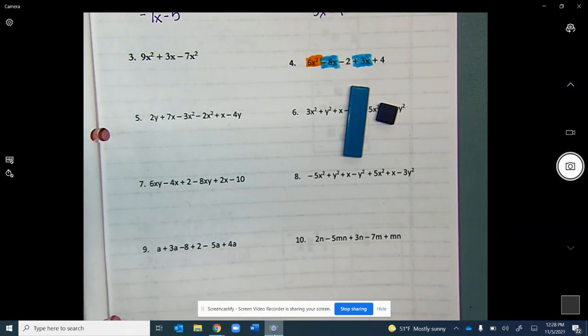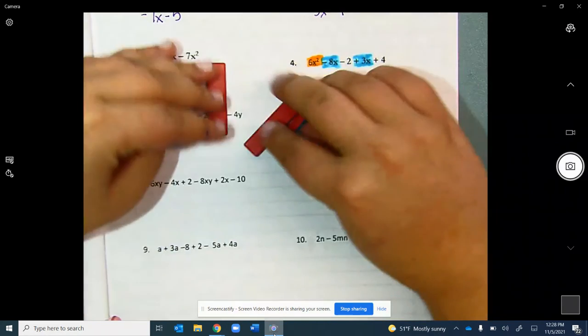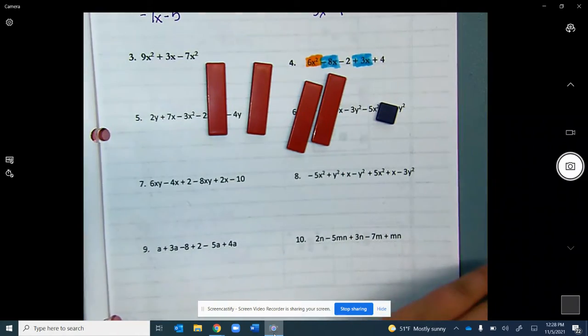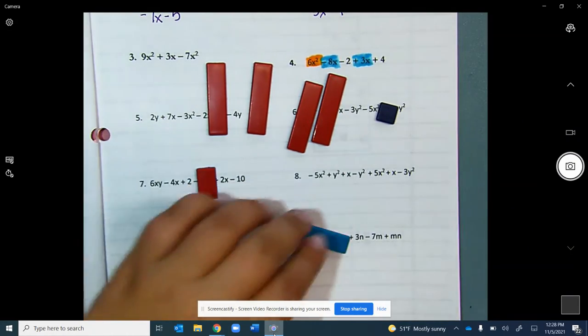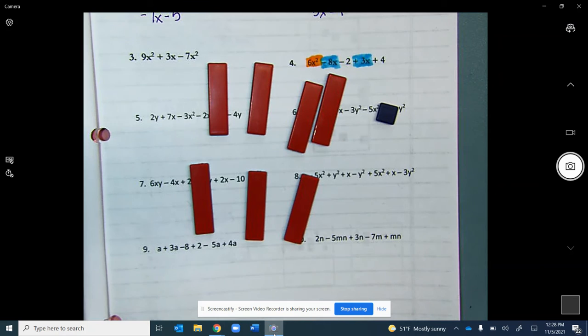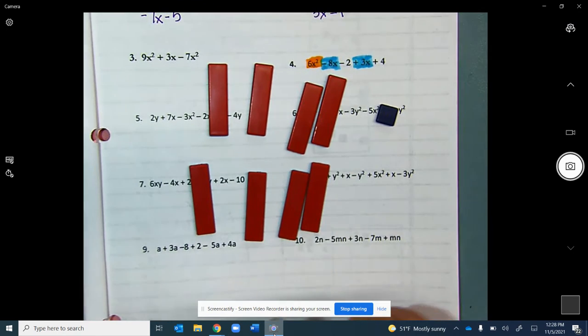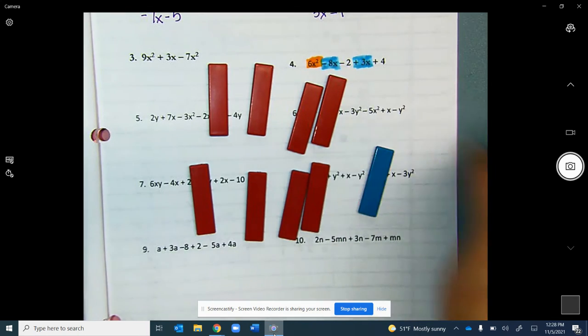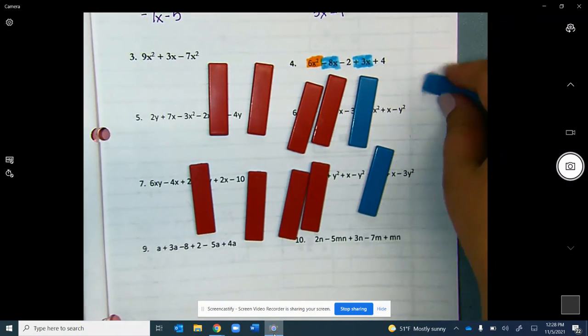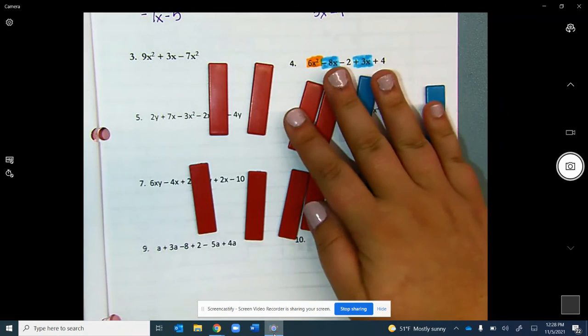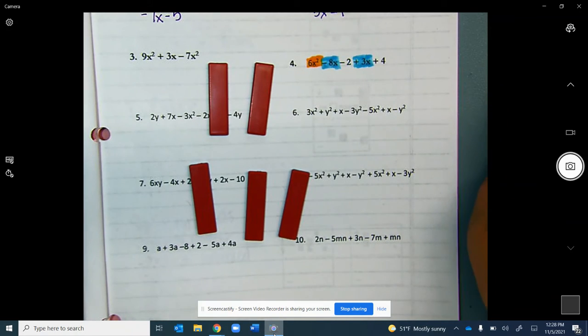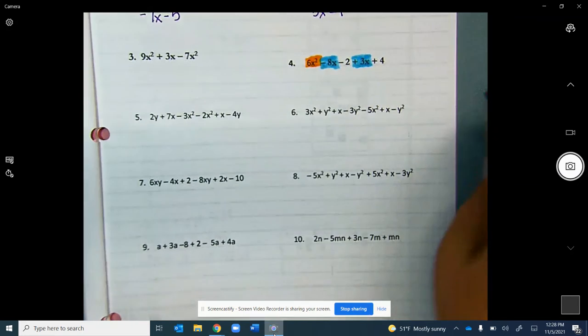So if I had 8 negatives, 1, 2, 3, 4, 5, 6, 7. I know I said I wasn't doing this with tiles, and now I am, but that's okay. 8 negative x's and 3 positive x's. I'm essentially subtracting these, right? So 3 of these will cancel out, and I'm left with negative 5x.